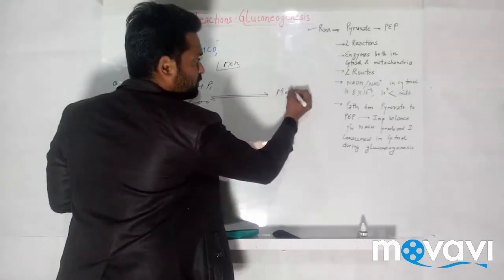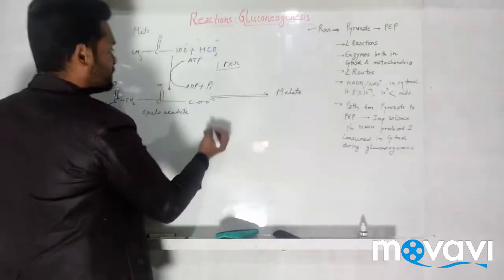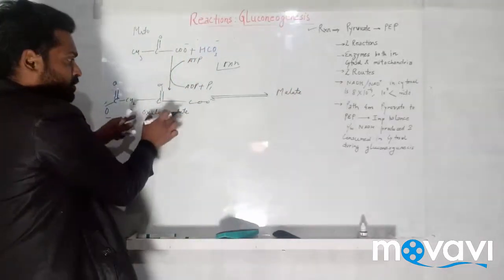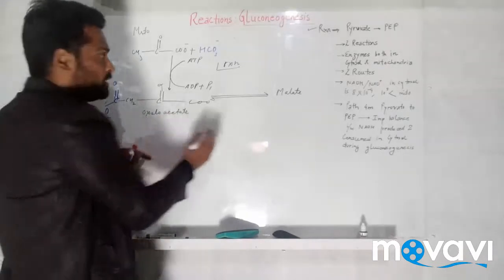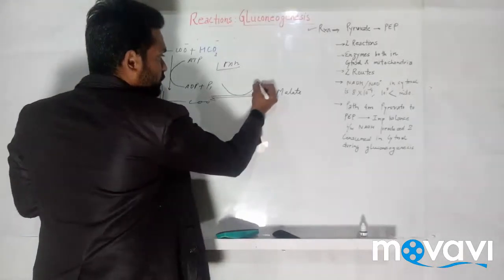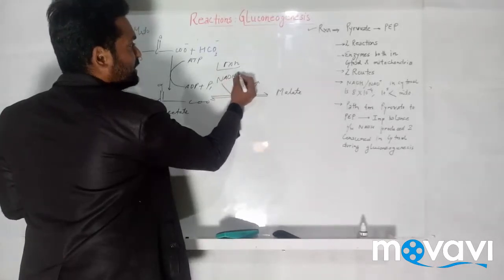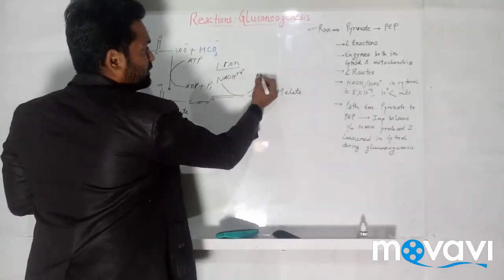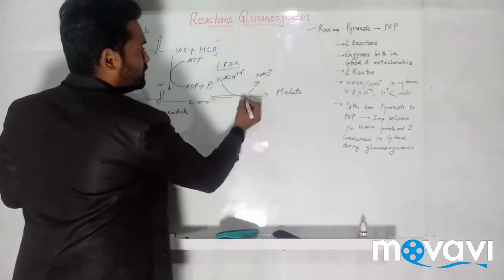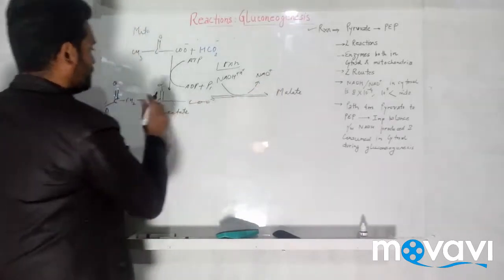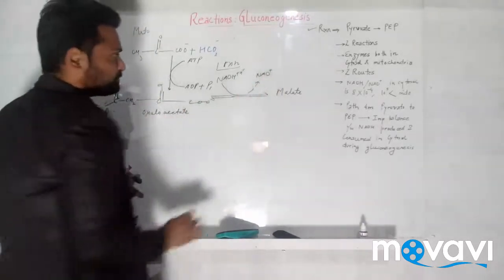This is our malate now. This is the oxidized form, and we are going to reduce it with the help of the reducing agent NADH, which would be converted into NAD positive. So this is reducing oxaloacetate into malate.